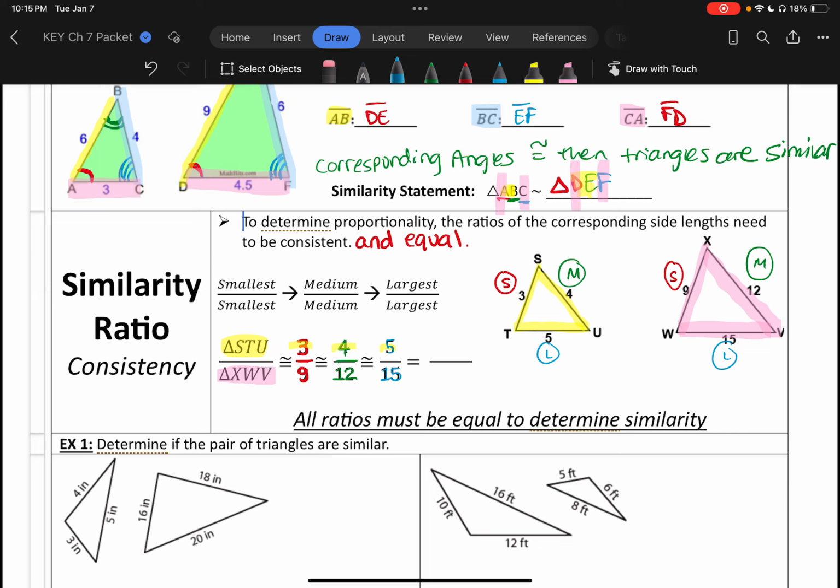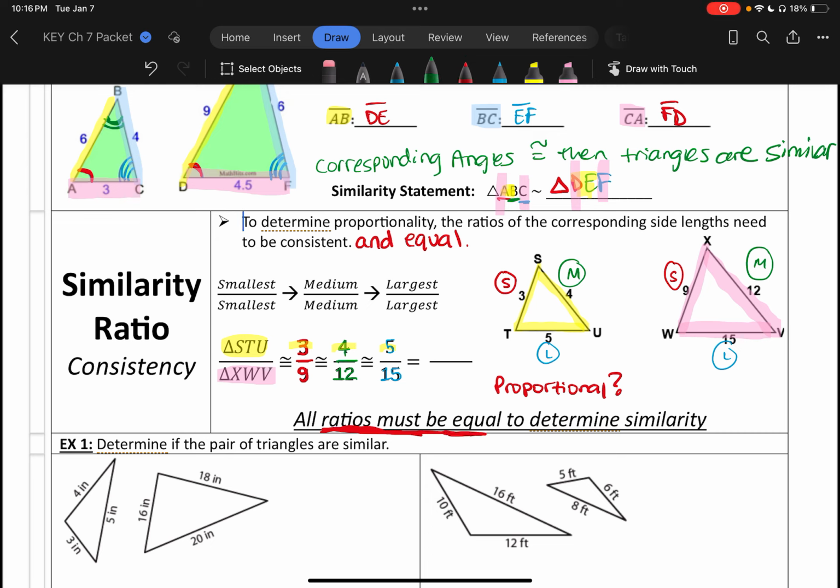And so for us to be able to say, are these proportional? For these to be proportional, all of these ratios, we have 3 of them here, must be equal. The only way for this to be proportional or similar is if the ratios are equal.